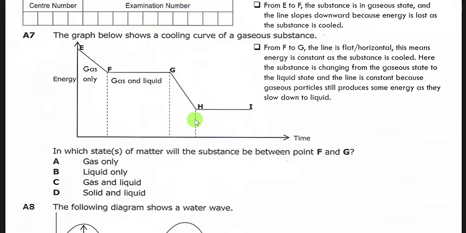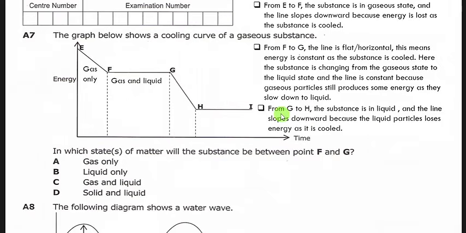So when we draw here, we are saying that from G to H, the substance is in liquid, because after it has changed completely from gas to liquid, again the temperature drops as it is being cooled. The line slopes downwards because the liquid particles lose energy as it is cooled.